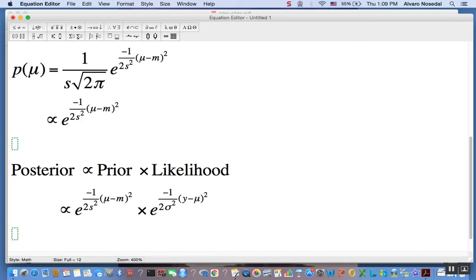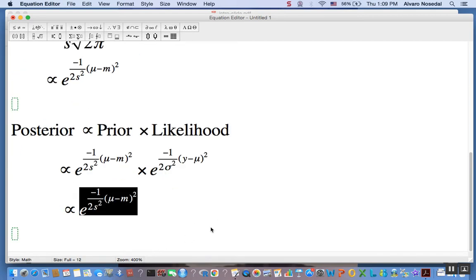Next, we know that we can combine those exponents, so let's do that to further simplify that expression. Let me copy this here. Note that -1 over 2 is a common factor, so we could factor that out.